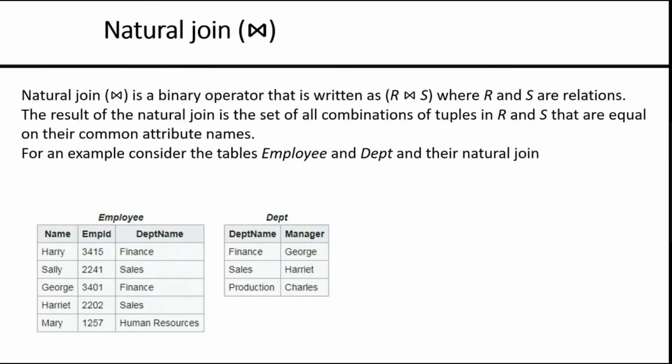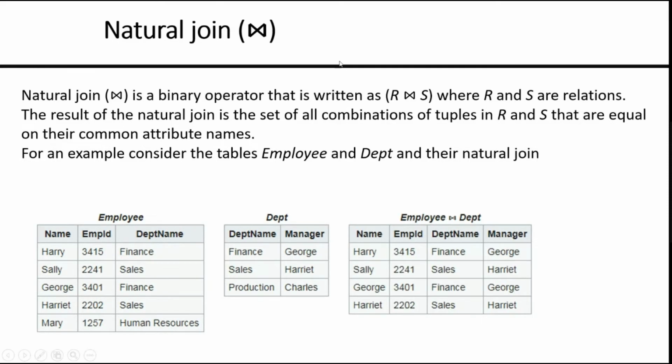Okay, students, so here we are taking a natural join of these two relations, R and S. How many attributes will come in the final relation? Only 4 attributes will come. Department name is a common attribute, so it will not be repeated. So here, this is the final thing you have: name, employee ID, department name, and manager.